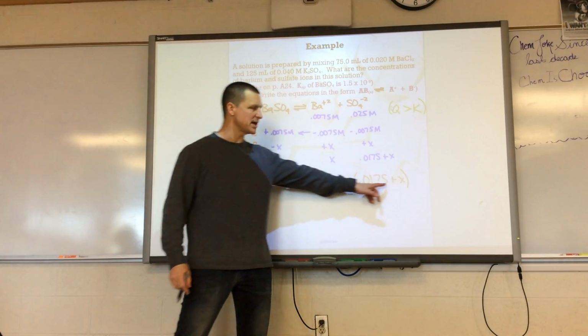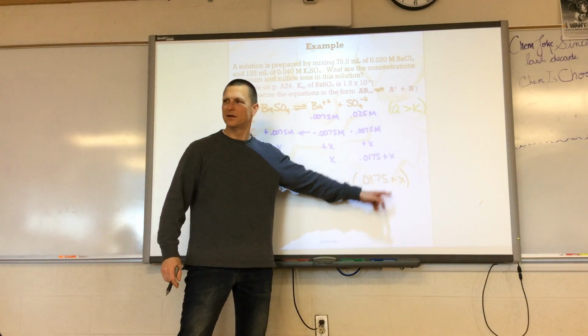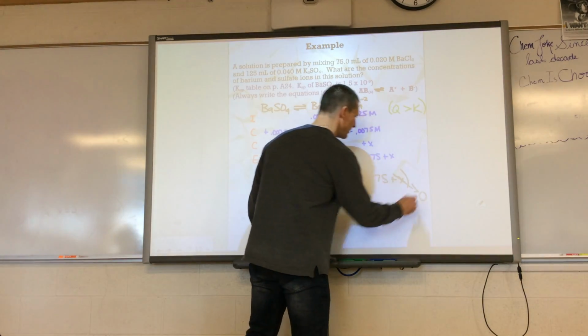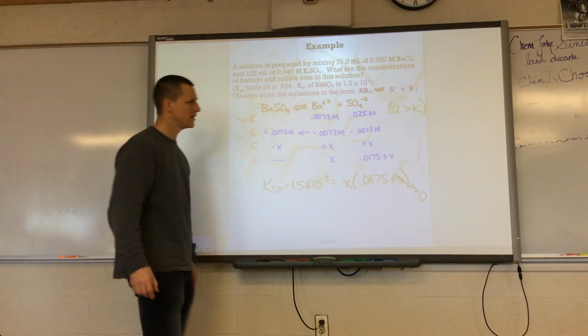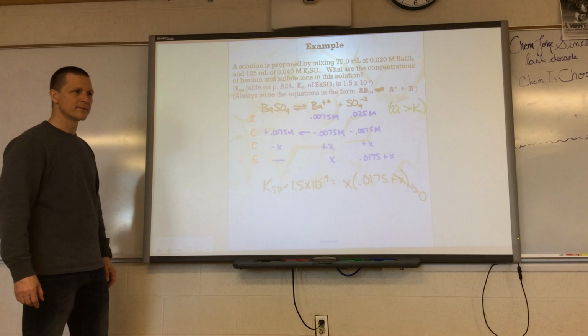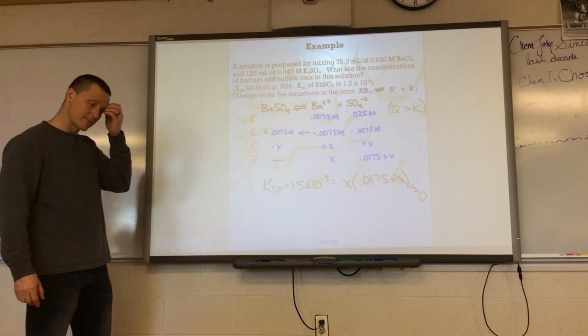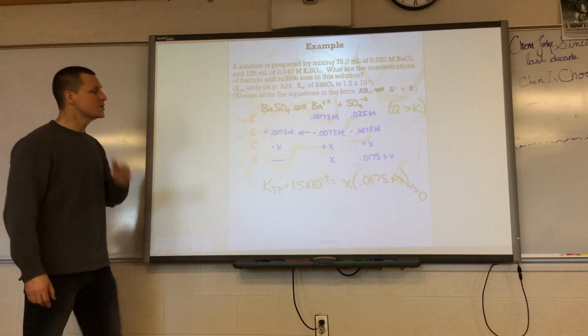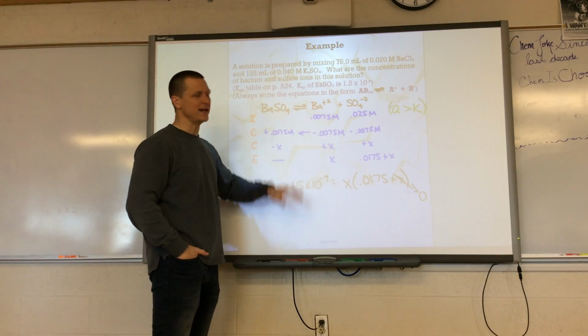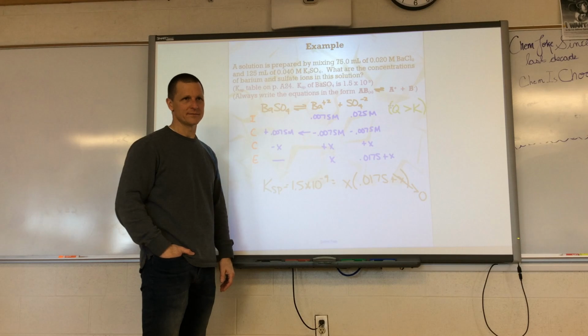Can we neglect the plus x in that quantity? Yep, x is small. Way smaller than that. So yeah, that little change technique does allow us to have a very easy calculation at the end.